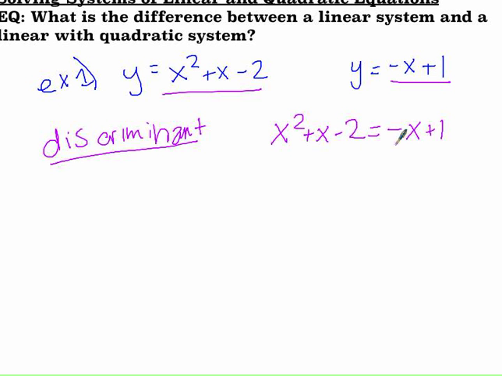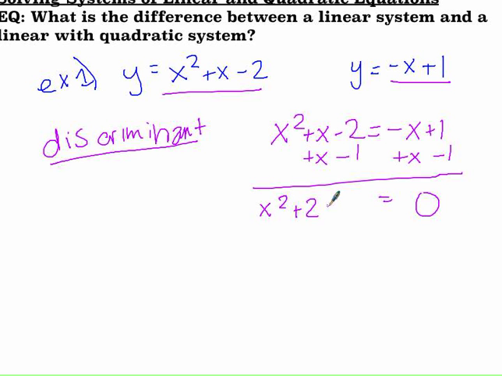To find the discriminant, I need to get my quadratic all equal to 0, as we've discussed before. So I'm going to add x to both sides, and then subtract 1 from both sides. Everything on the right-hand side is set equal to 0, and the left-hand side now becomes x squared plus 2x minus 3.